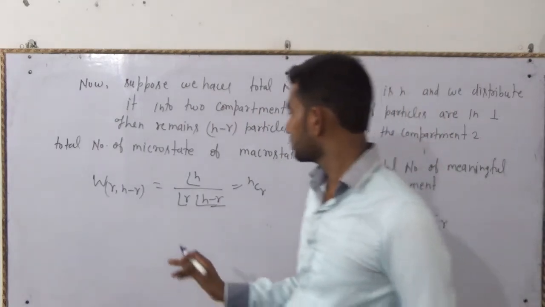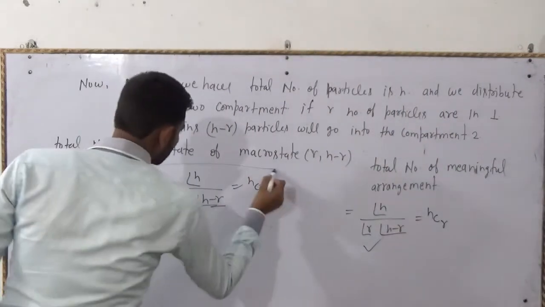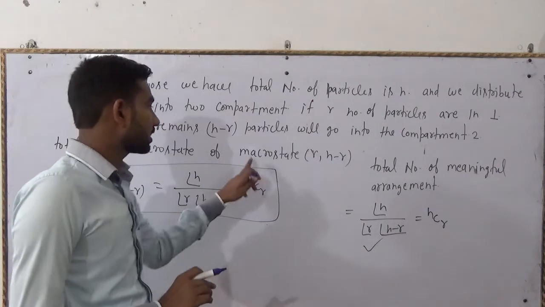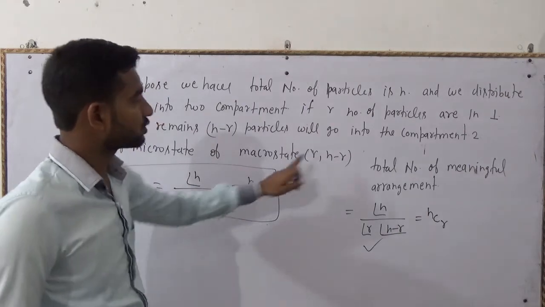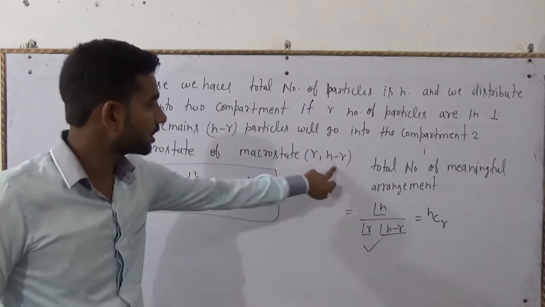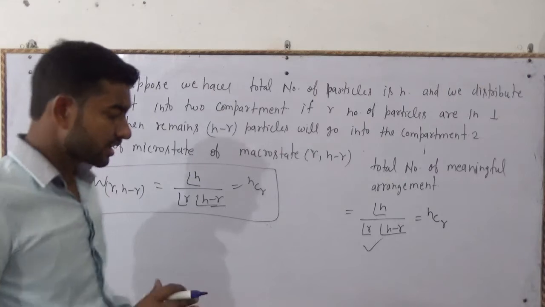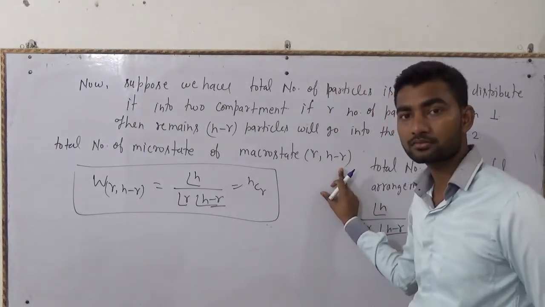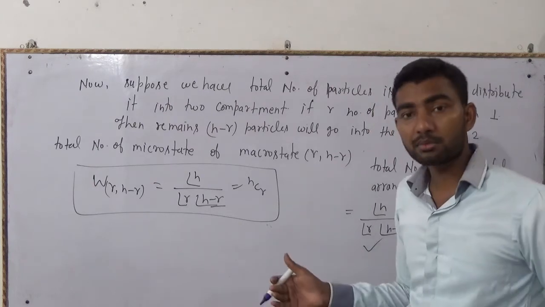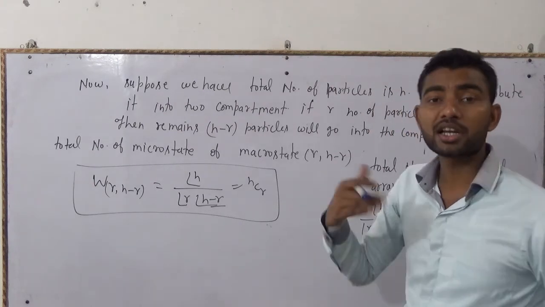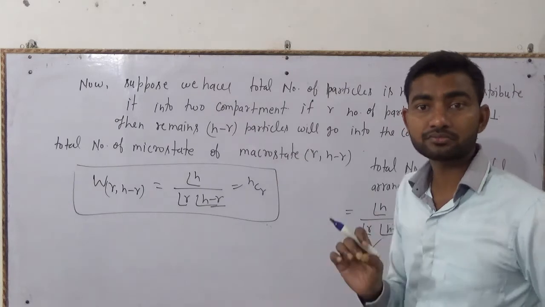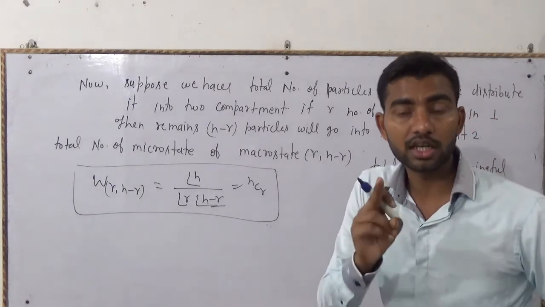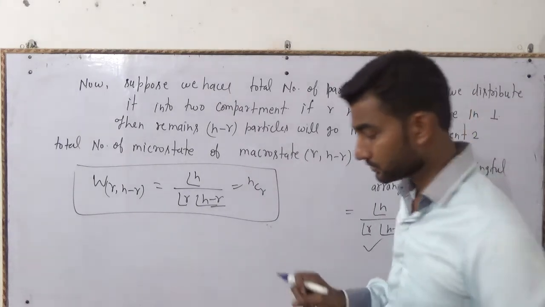So friends, it will be the total number of microstates corresponding to the microstate r, n minus r. Here in place of r and n minus r, we can choose any number and we can find out very easily the thermodynamic probability corresponding to that microstate.